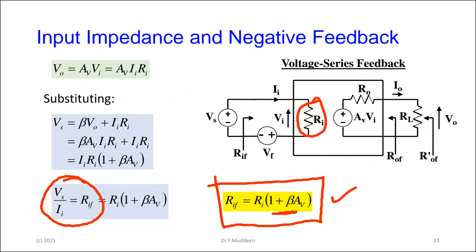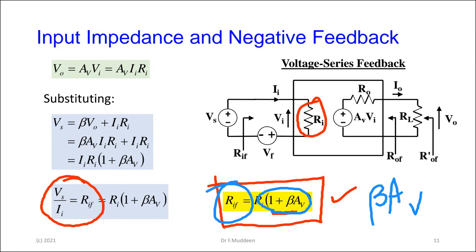So this arrangement has increased the input resistance by a factor of at least beta AV. If beta AV is much bigger than 1, then this factor is more or less beta AV. So by doing this voltage series feedback, and the important part here is the series part, the input impedance of this device is beta AV more than what it was.